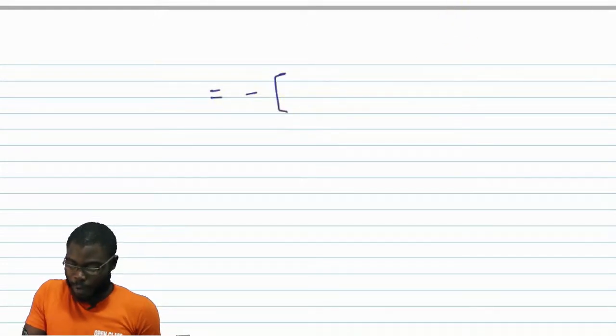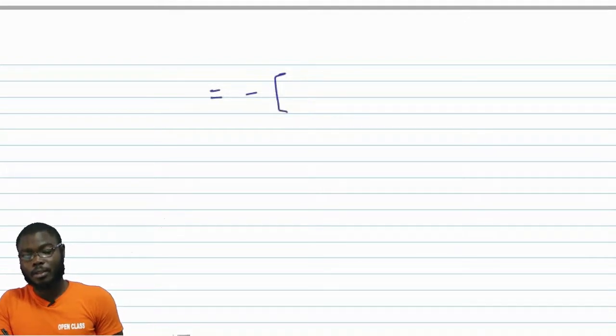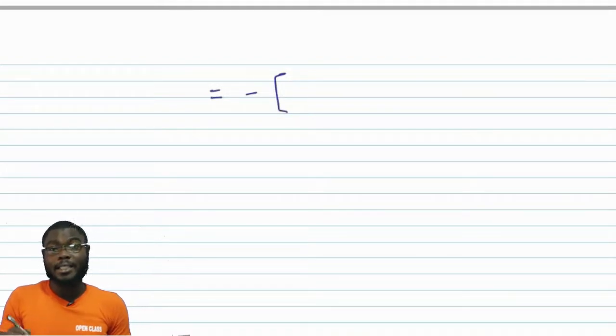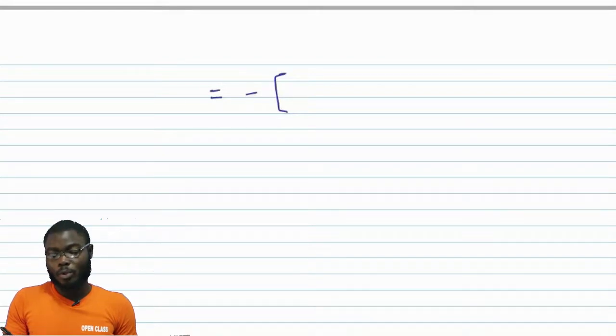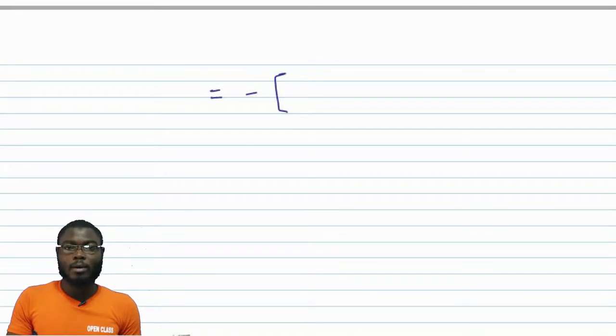Now this equals minus cos pi over 2, which is cos 90 degrees. Remember that pi is 180 degrees, so 180 degrees divided by 2 is 90 degrees. Cos 90 degrees is 0. Sin 90 degrees is 1.